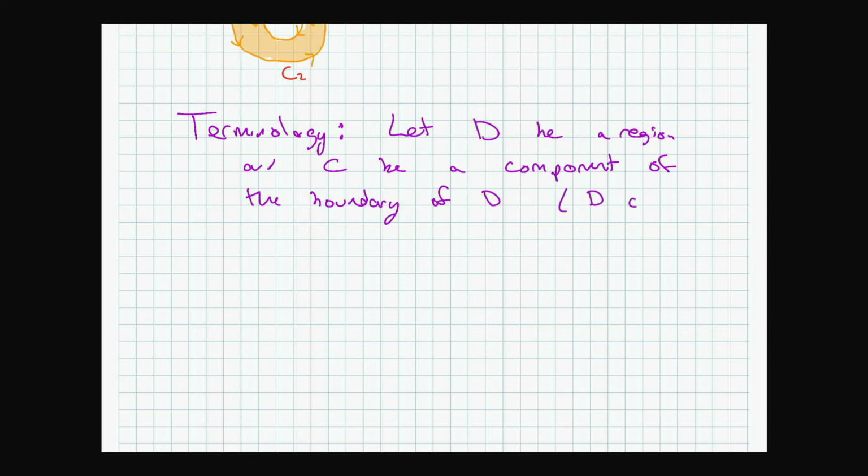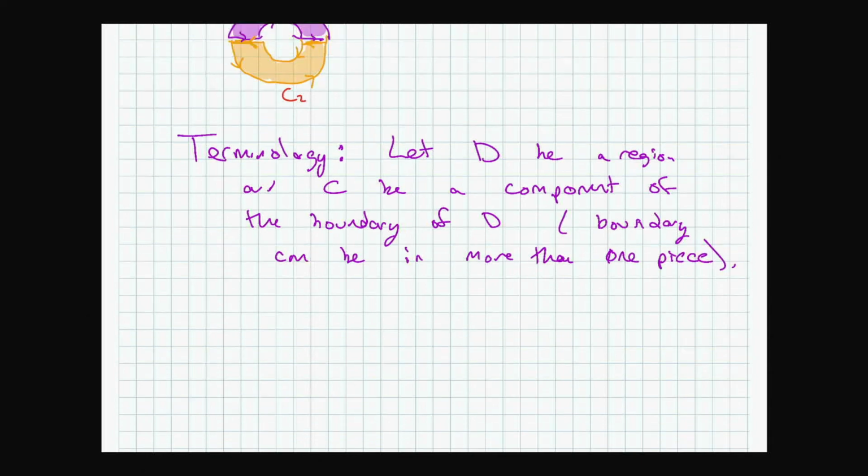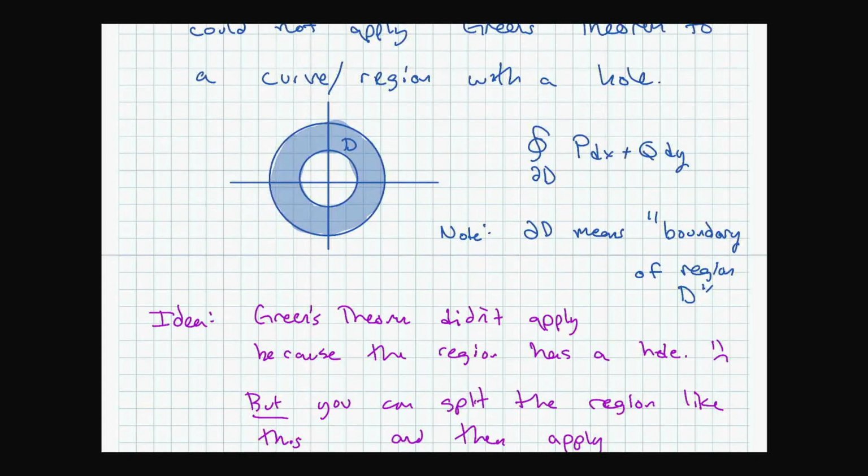D could have a hole. That's the situation we have above, where the boundary has an inside piece, this circle, and an outside piece, the other circle. The boundary is the edge. So there's two edges, one down here, one up here.